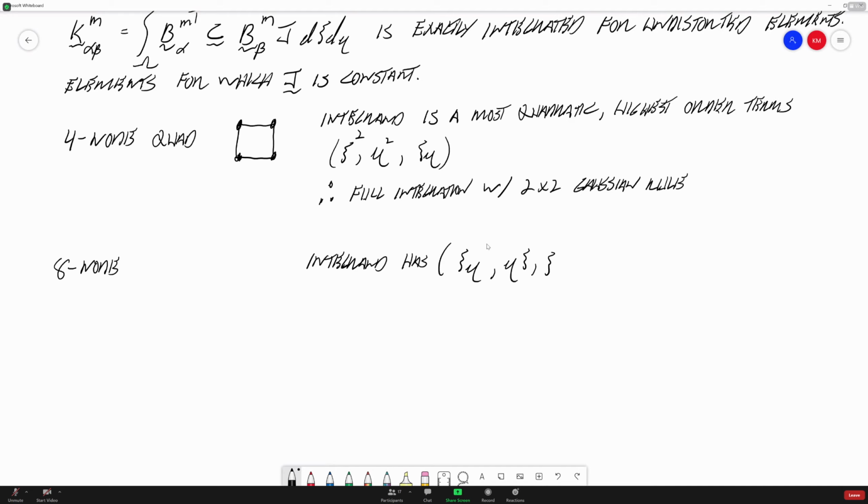It's the third axis in our C space. And this is multiplied times, and so this has full integration at a 2x2x2 Gaussian rule.